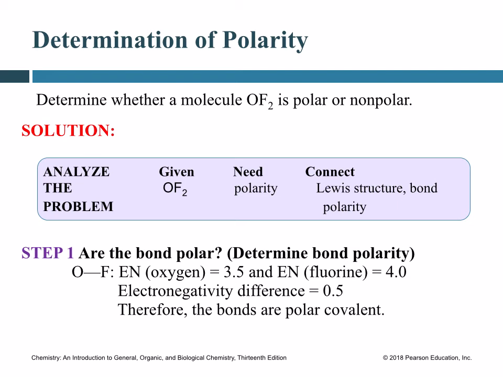OF2 contains 2 oxygen-fluorine bonds. The electronegativities for oxygen and fluorine are 3.5 and 4.0 respectively. The electronegativity difference is 0.5, which is greater than 0.4, making the OF bond polar covalent.